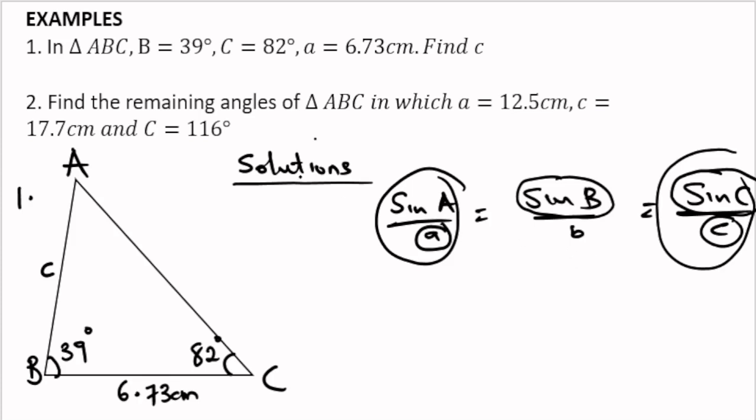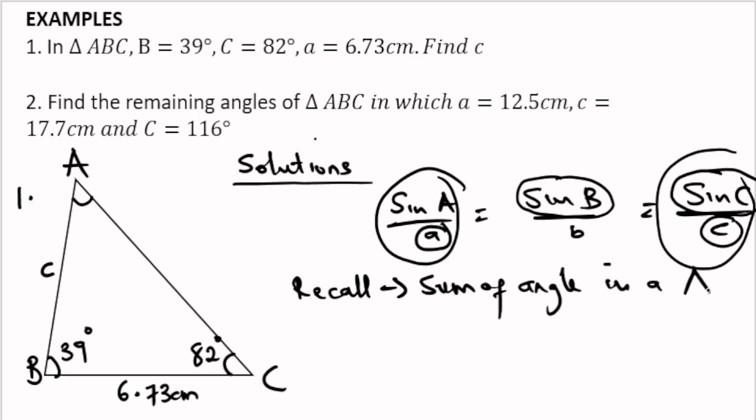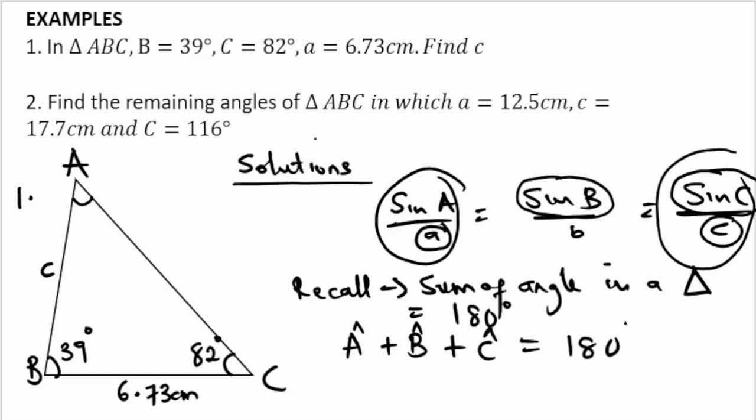So for us to get a, we have to find the angle A. For us to get angle A, we should recall that the sum of angles in a triangle is equal to 180 degrees. So angle A plus angle B plus angle C equals 180 degrees.